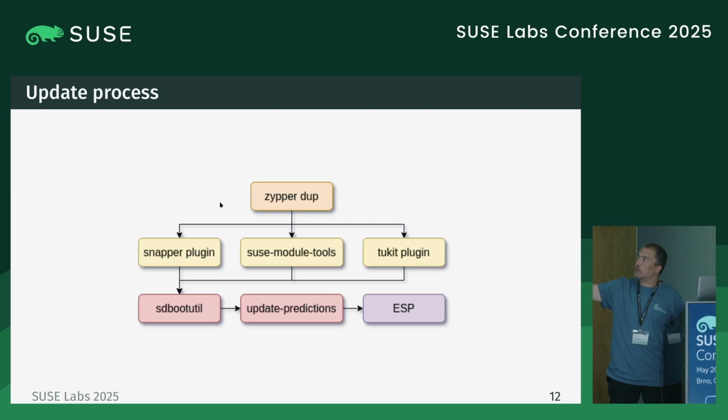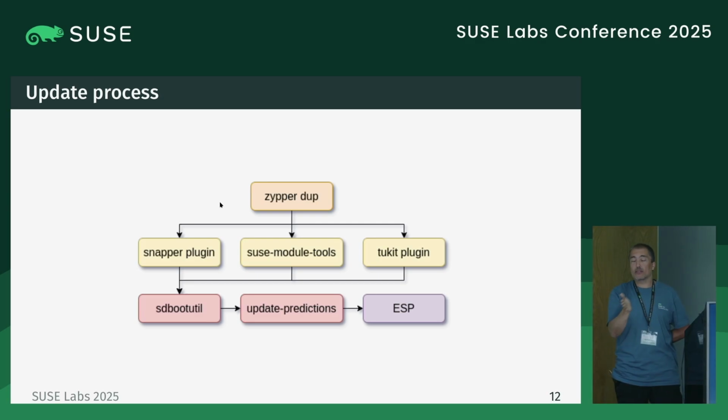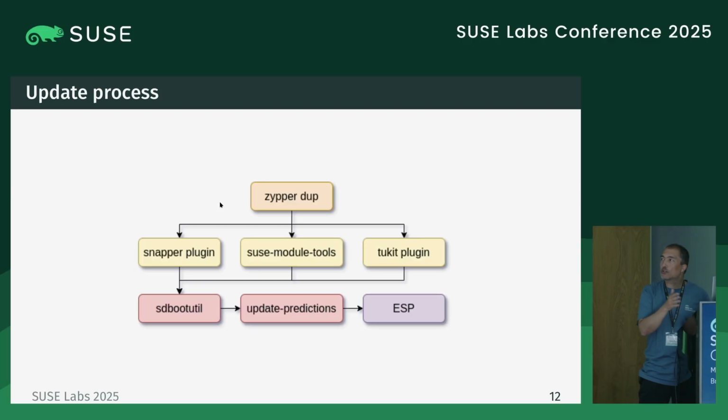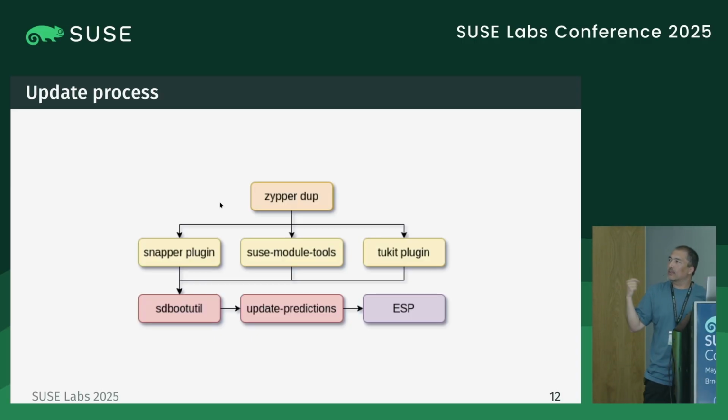So zypper actions that are going to change, on one side, the bootloader configuration or the full disk encryption predictions are going to be triggered automatically by the Snapper plugins or the SUSE module tools, and nowadays also by the Toolkit plugins. So basically, they are working together to orchestrate and decide when systemd-boot needs to be called.